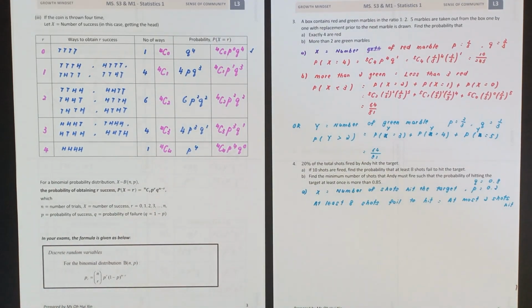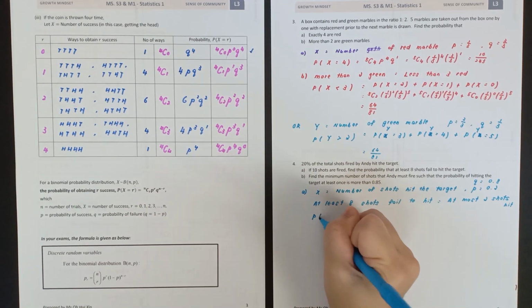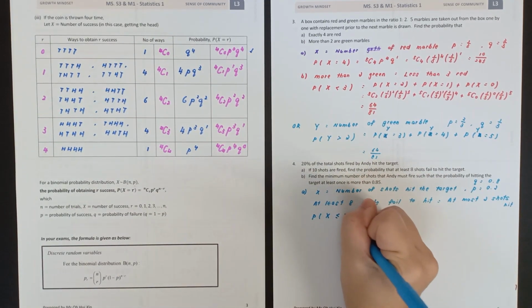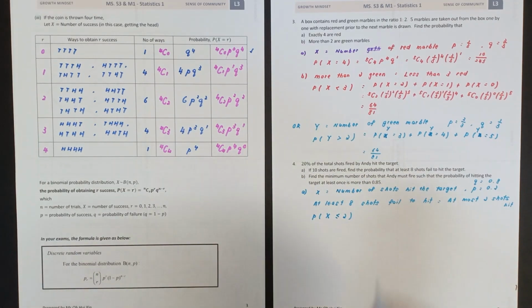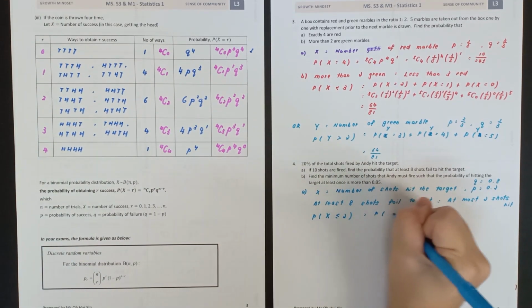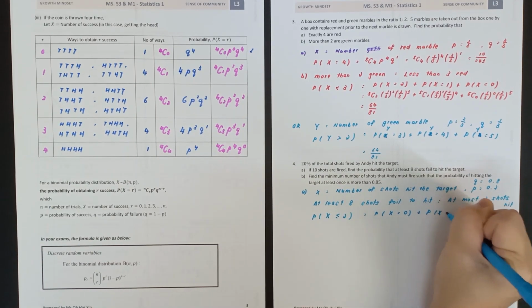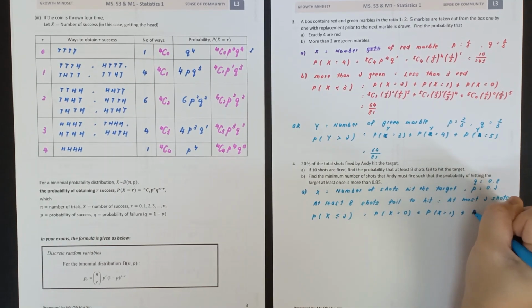I hope you can get this idea. You can try to write it out and think about it again. So the probability for at most 2 shots hit, meaning X smaller or equal to 2, will be equal to the probability that none hit, or 1 hits, or 2 hit.